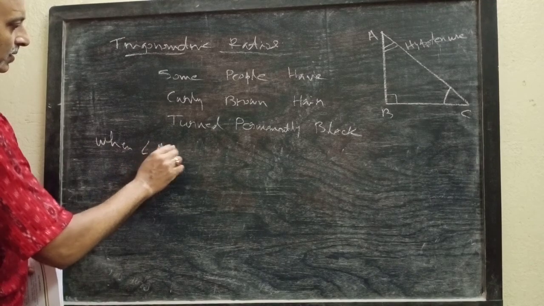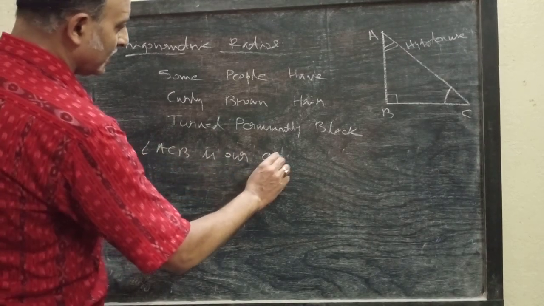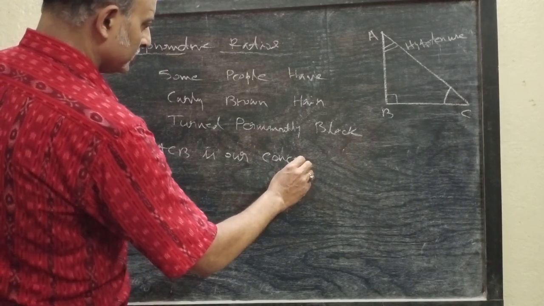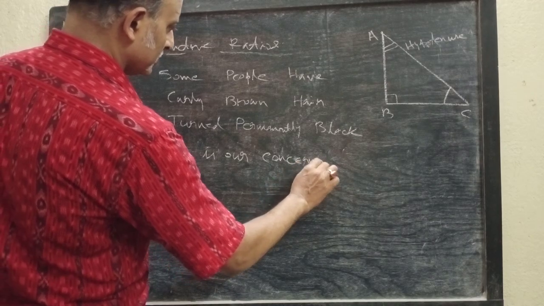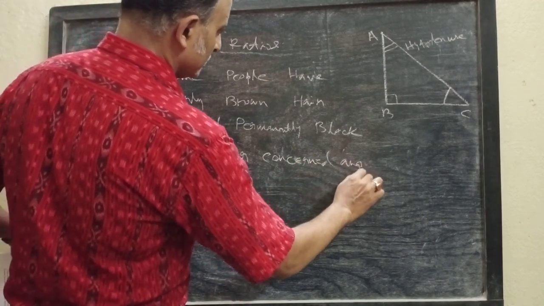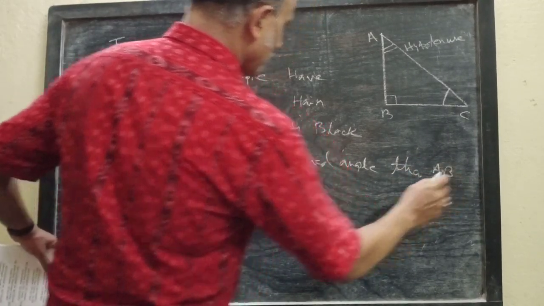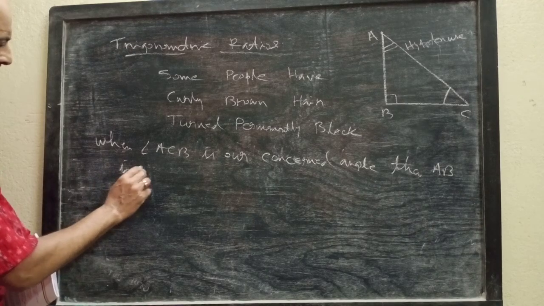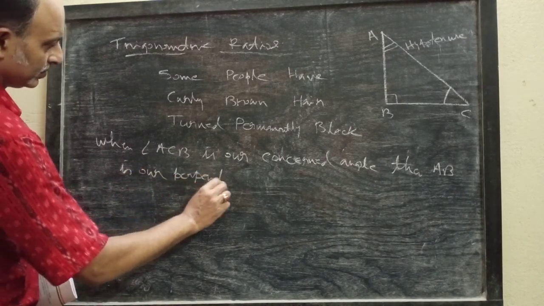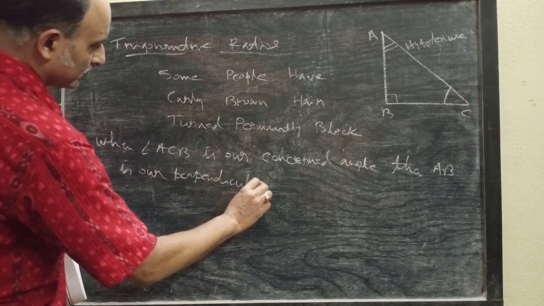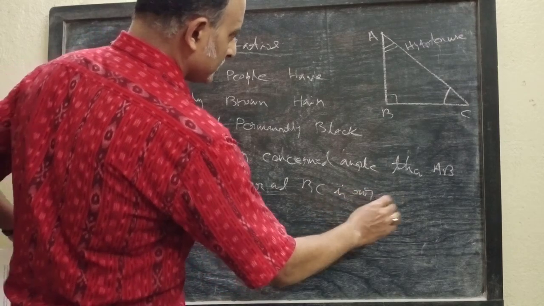When angle ACB is our concerned angle, then AB is our perpendicular and BC is our base.